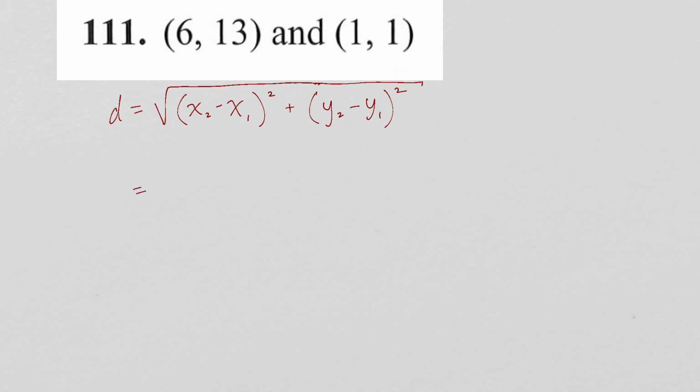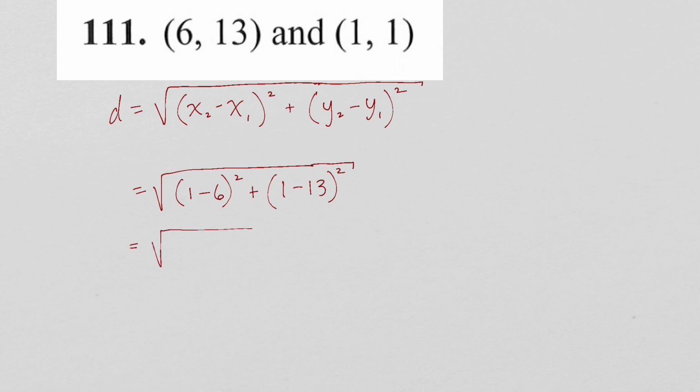So this is equal to the square root. x2 is the x value of the second point, so that's 1, minus x1, the x value of the first point, so that's 6, squared, plus y2, which is the y value of the second point, that's 1, minus y1, which is the y value of the first point, that's 13, squared.